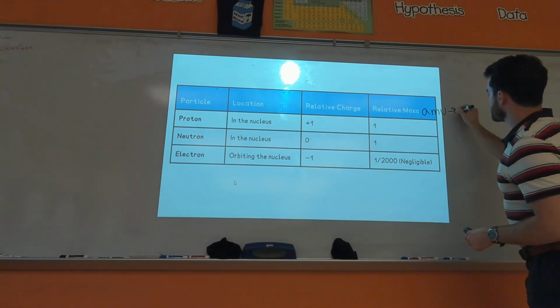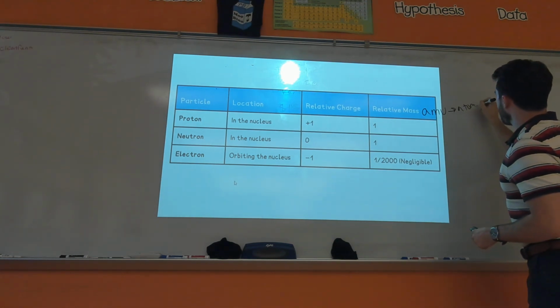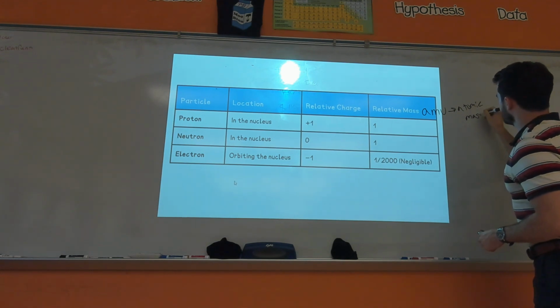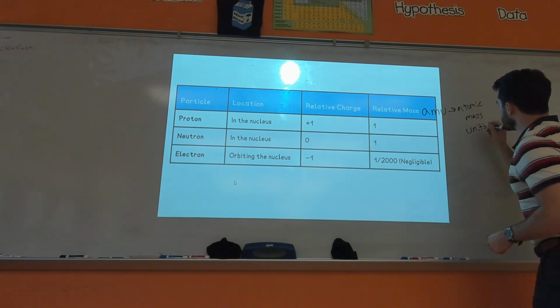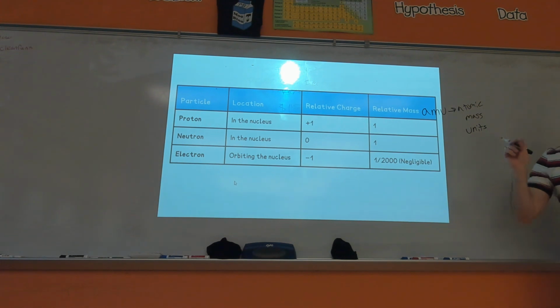Basically, it's a very, very small unit of measurement. And then we'll talk about later on how it relates to grams. But just think 1 for now. If you have 5 protons, that would be giving you 5 AMU. If you had another 5 neutrons, that would be an extra 5. So you'd have 10 AMU.